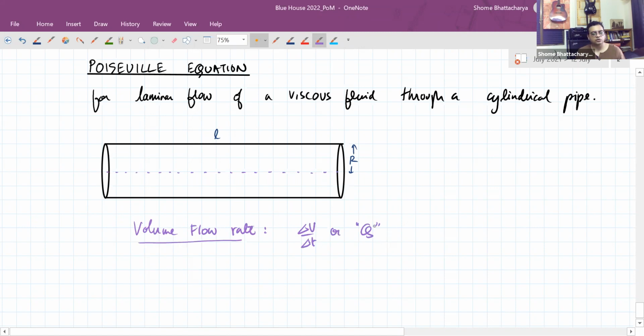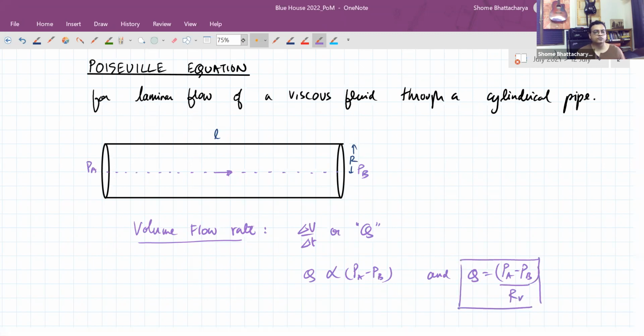So the volume flow rate will be directly proportional to the pressure difference. So if liquid is flowing in this direction, we'll have to create a pressure difference across this, and it will be equal to a relation that we write like this: pressure difference divided by something called viscous resistance.